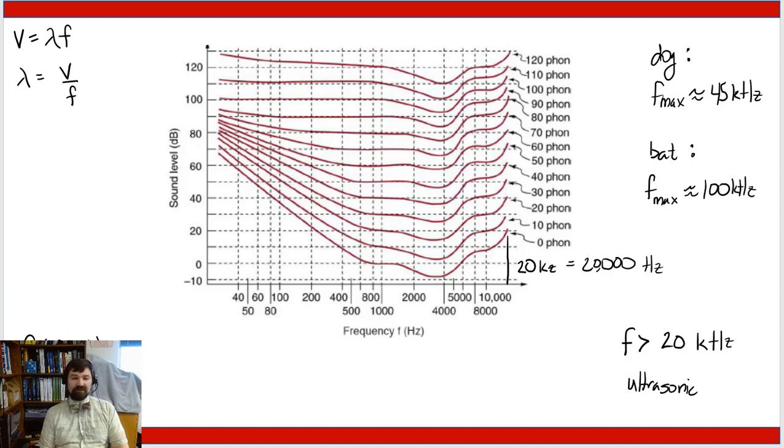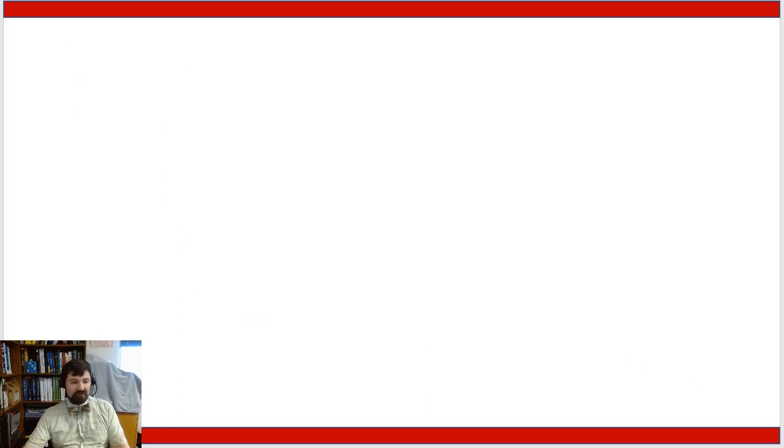So for comparison's sake, let's consider a person versus a bat. All right, upper limit of our hearing. Let's say 10,000 hertz, 10 kilohertz. Remember that in air at room temperature at sea level, the speed of sound is about 343 meters per second.